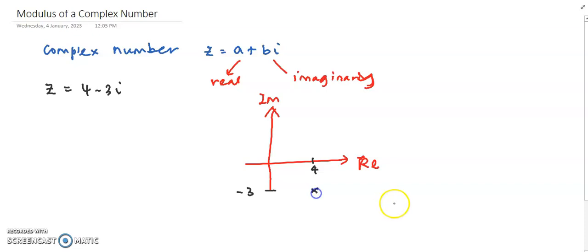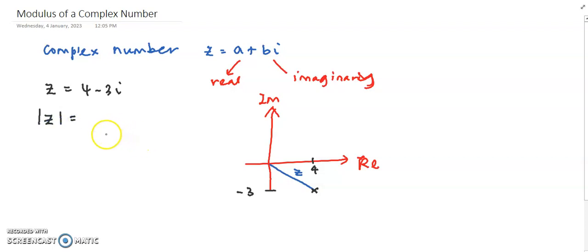So this is the point representing 4, negative 3. If we connect this point with the origin, this line actually represents the complex number 4 minus 3i. And now we are going to find the length of z, and this is going to be written as the modulus of z.